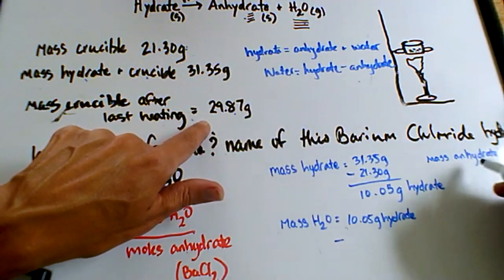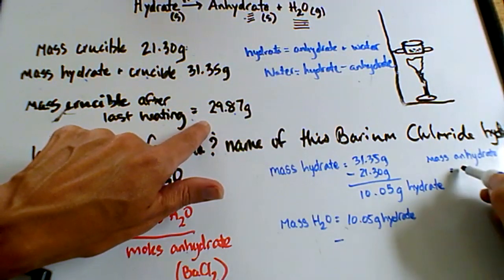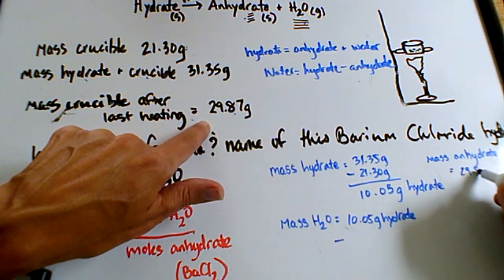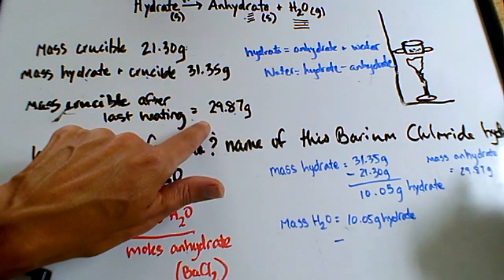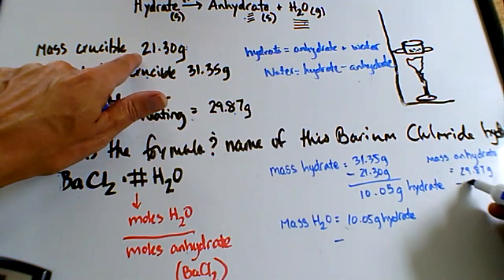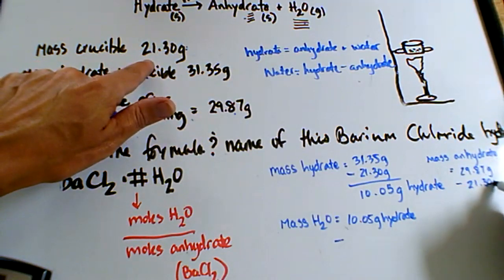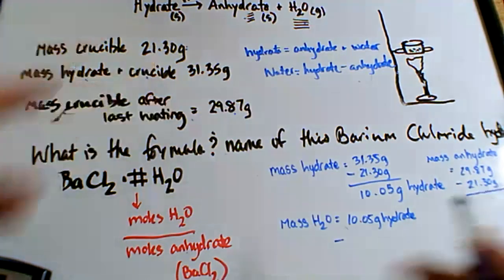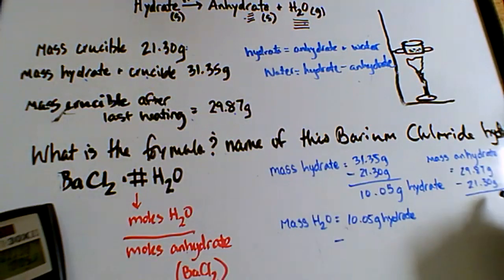So the mass of the anhydrate is equal to the 29.87 grams, that's the crucible with the anhydrate, minus the crucible, and that gives me 8.57 grams of anhydrate.